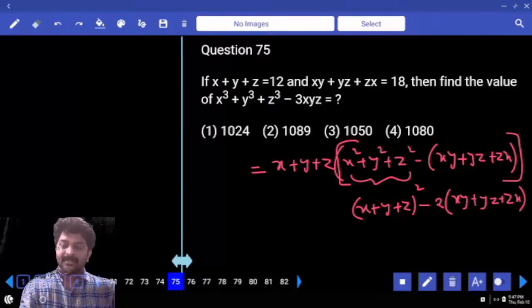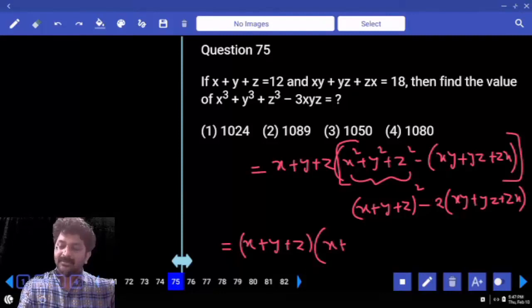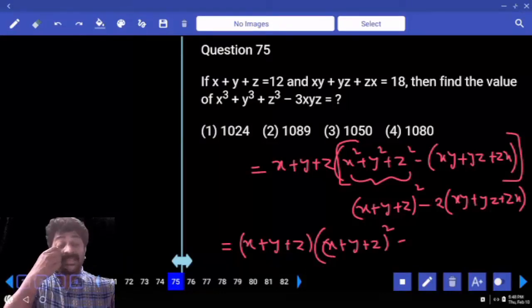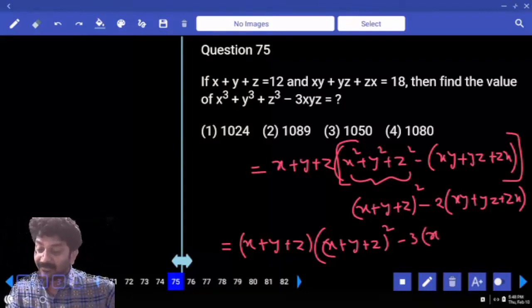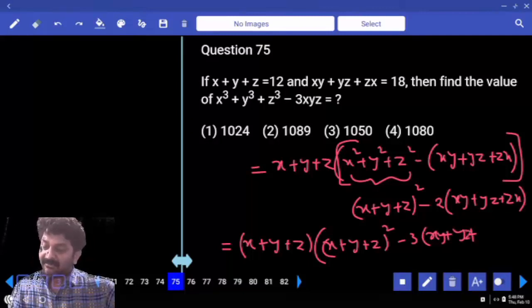Then the entire value becomes (x plus y plus z) into ((x plus y plus z) whole square minus 3 times (xy plus yz plus zx)).